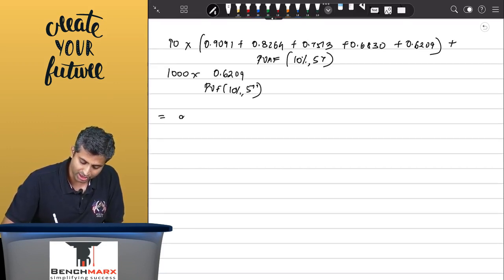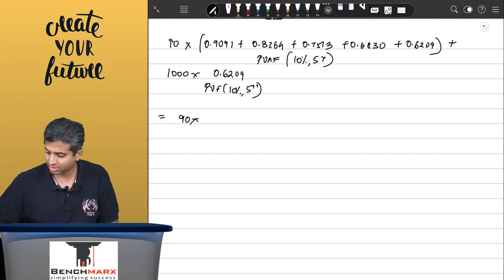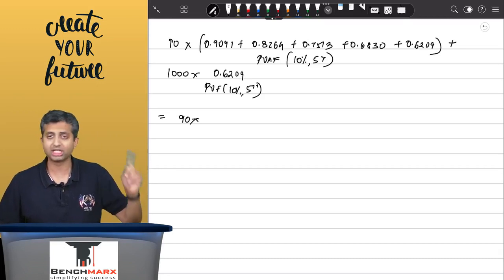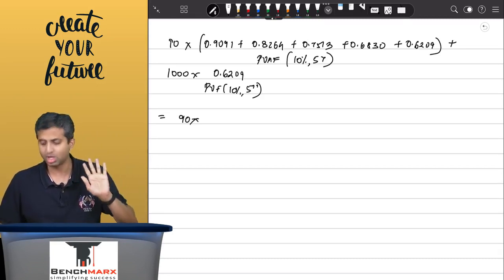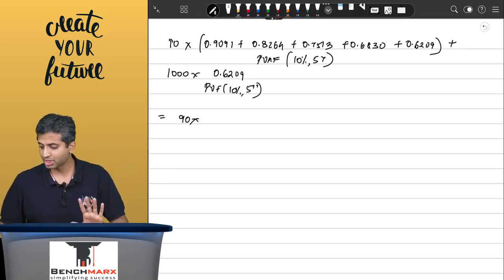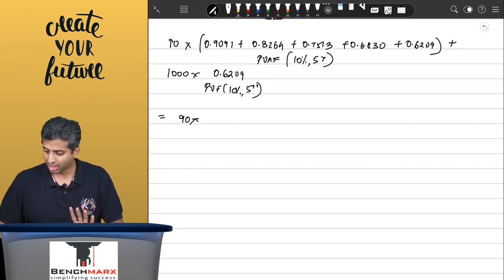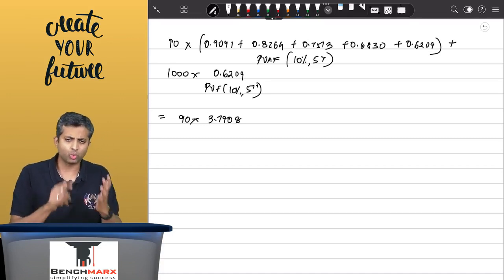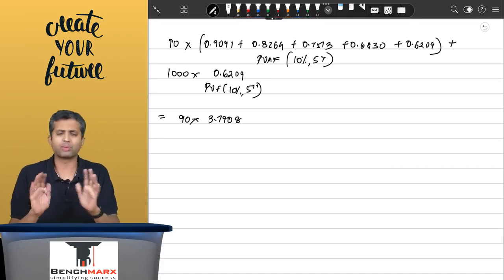So over here, this is 90 into, if I add all of this, or on my calculator, if I do 1 divided by 1.1 equals, you get a number, M plus, again equals M plus, again equals M plus, for 5 years. And then memory recall. So this is 3.7908. So you either do 1 divided by 1.1 equals M plus, equals M plus.